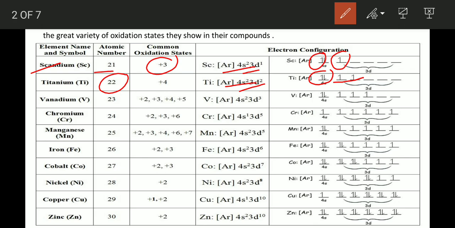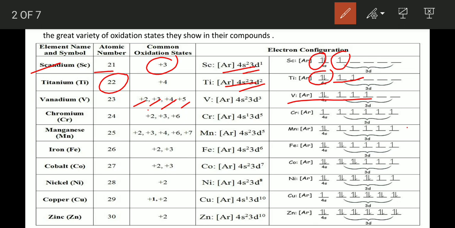So +2 as well as +3 and +4. Vanadium, it can show +2, +3, +4 and +5 oxidation state. See this electronic configuration.